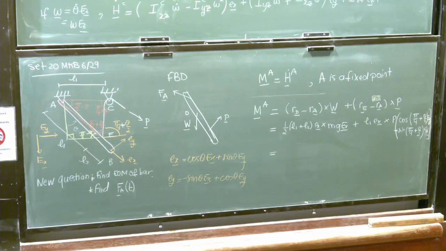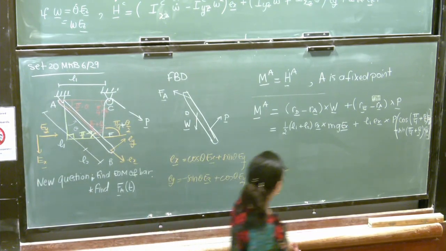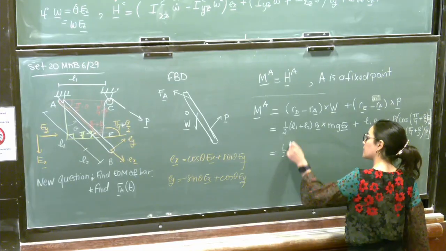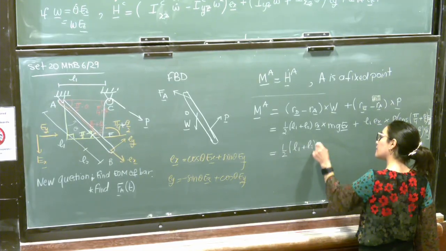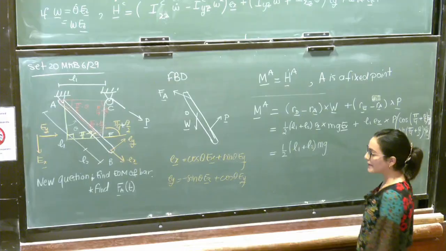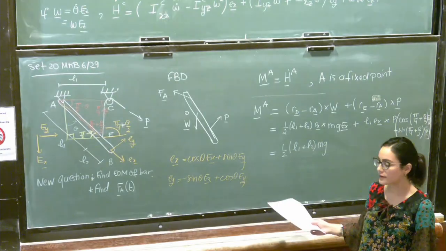Oh, these two lines are equal because they have the same length. This is 3 meters and this is 3 meters. Okay, so what's the answer gonna be? Any questions? Half L1 plus L2 mg small ex cross big ex is equal to what?